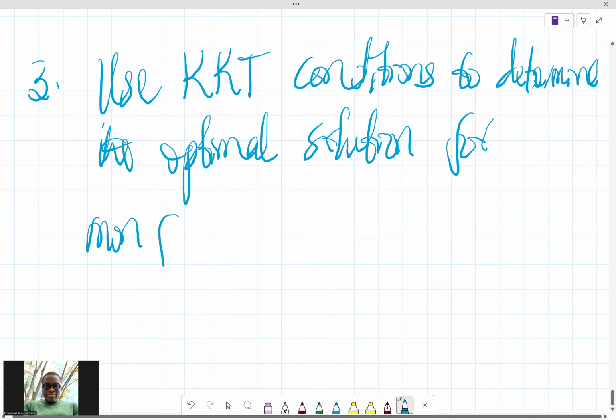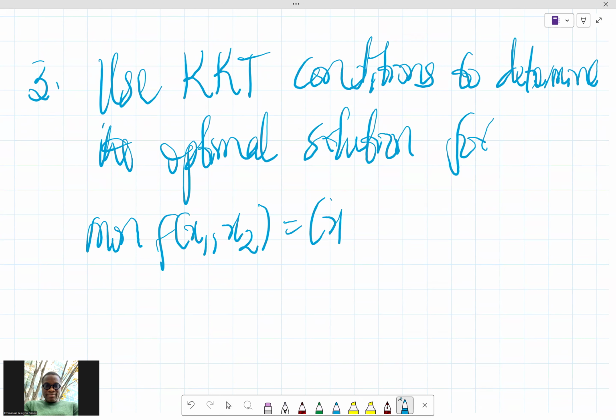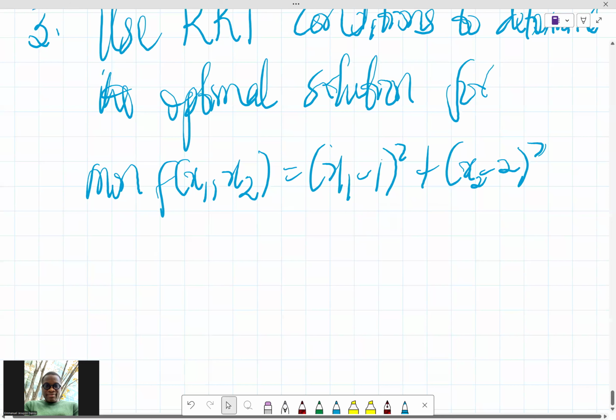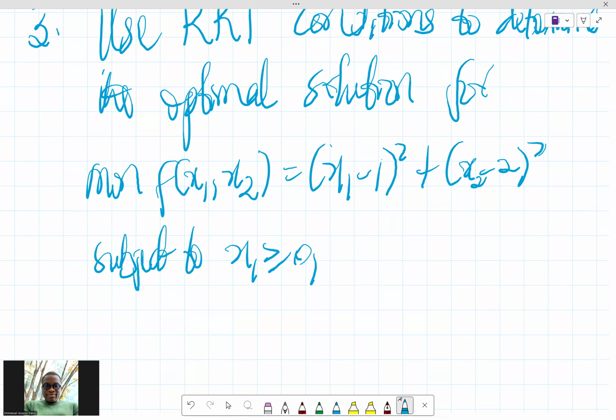Minimize f of x1, comma x2 equals x1 minus 1 squared plus x2 minus 2 squared, subject to x1 greater than or equal to 0, then x2 greater than or equal to 0, then x1 plus x2 less than or equal to 3.